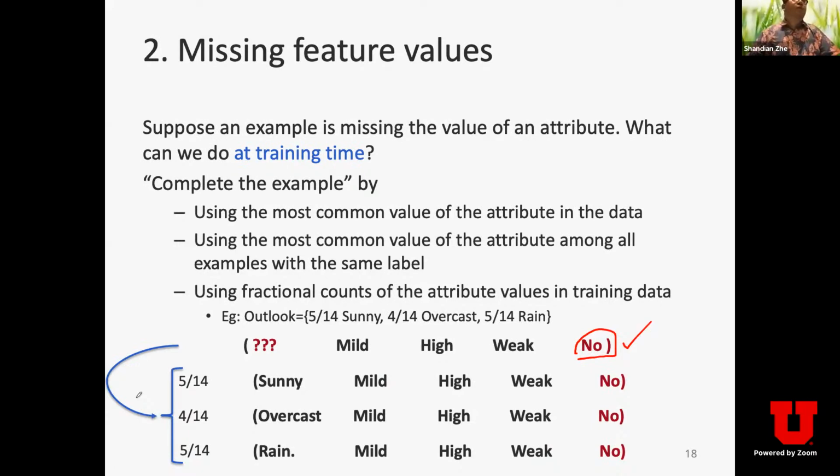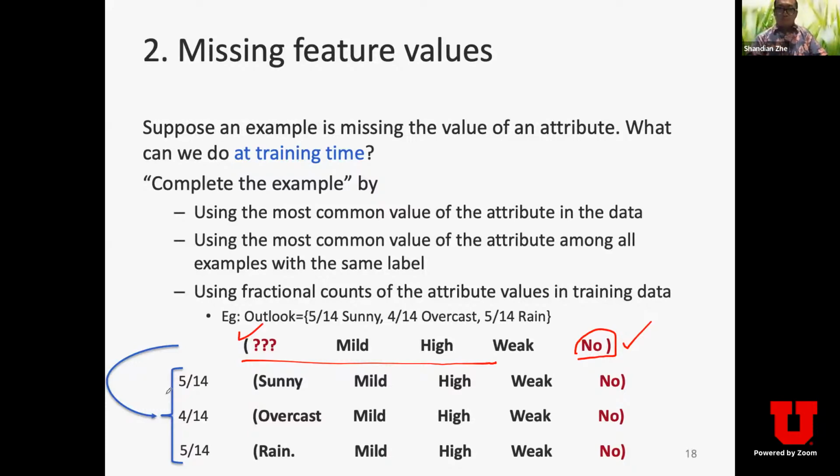The 15th one will be this one, but I'm not directly adding this one into this set. I'm gonna break this one into 3 fractional examples and add these 3 fractional examples into the 14 examples. But in total, my count is still 15. Does it make sense?